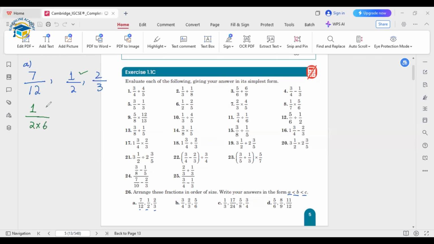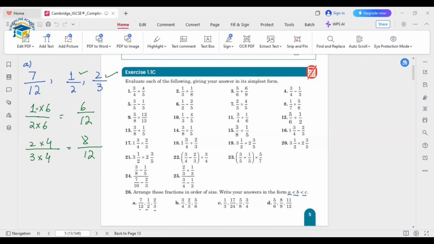I'm multiplying it by 6 in the numerator and denominator as well, so that my denominator number is going to become similar. So 6 1 times 6, 6 2 times would be 12. Similarly, for 2 by 3, to make the denominator as 12, I'm going to multiply it by 4 in the numerator and denominator as well. So 2 4 times 8 and 3 4 times 12.